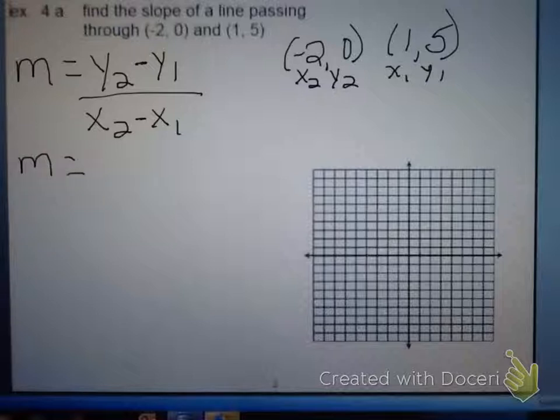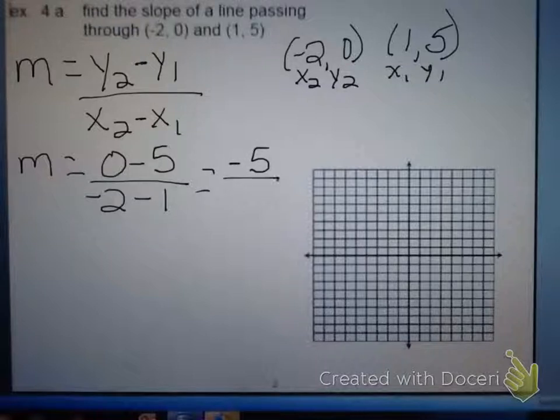So y2 is 0 minus y1 is 5 over x2 is -2 minus x1 is 1. 0 minus 5 is -5. -2 minus 1 is -3. Negative divided by negative is a positive 5/3.